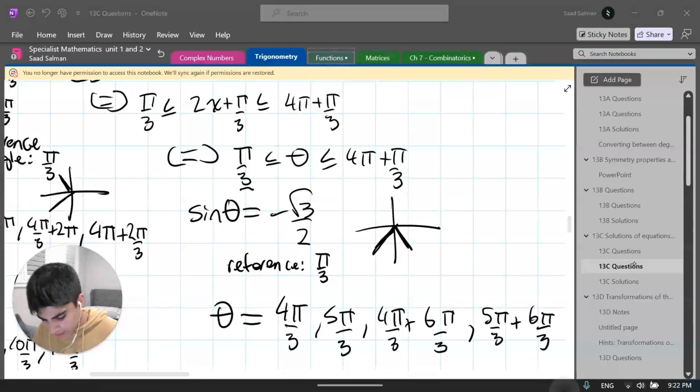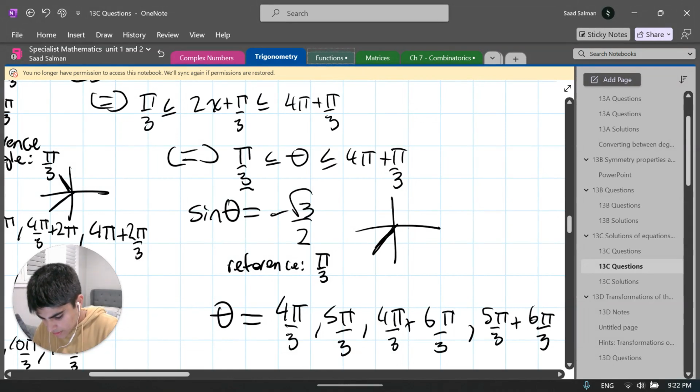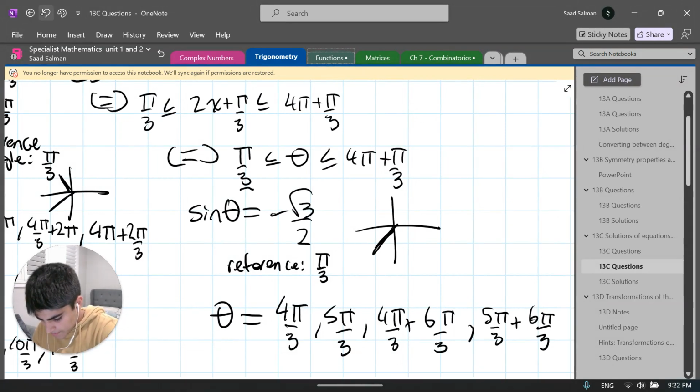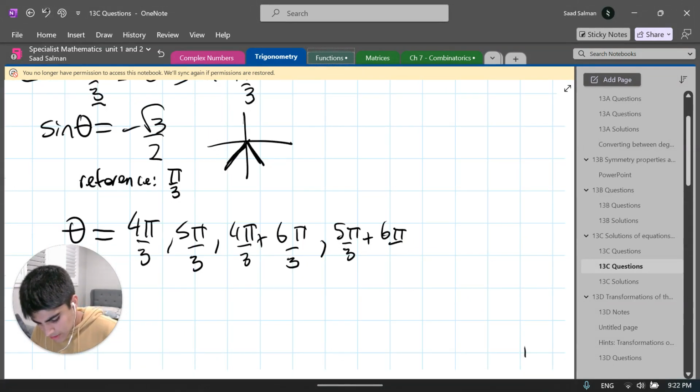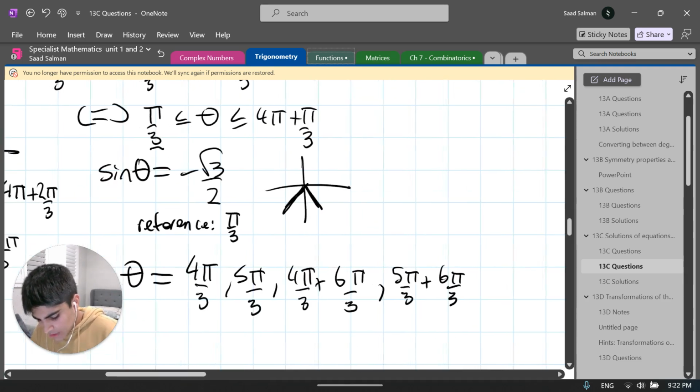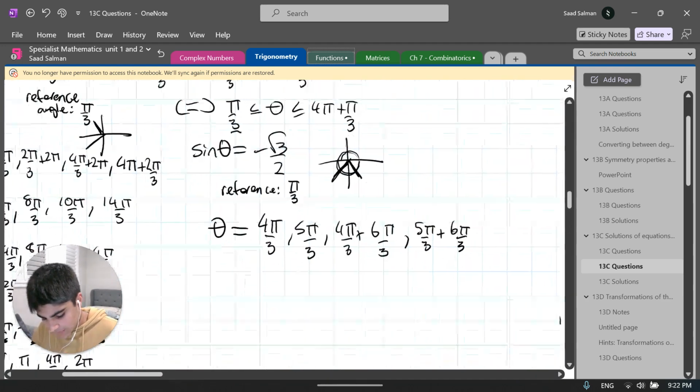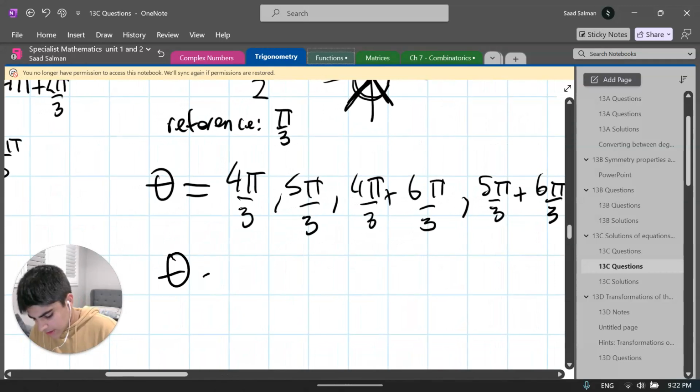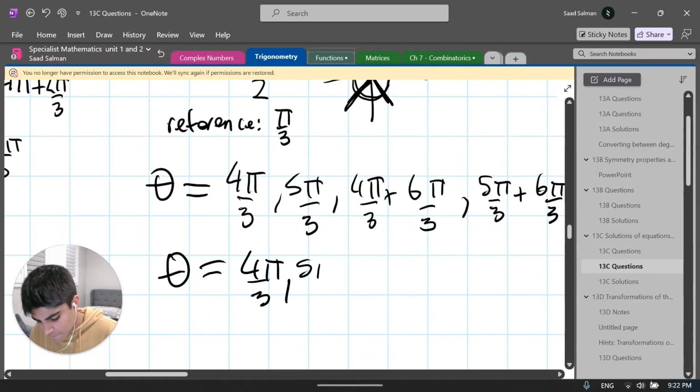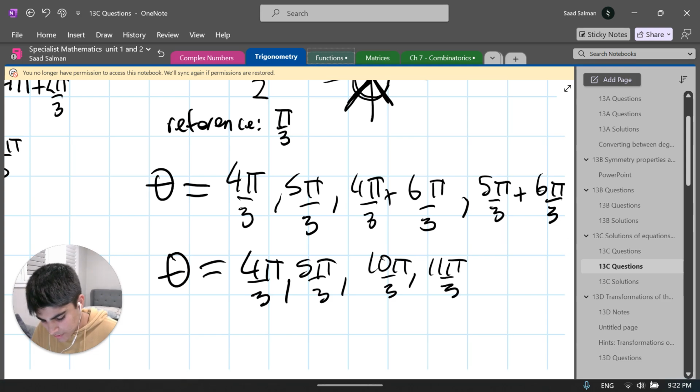Okay, 1 pi, 2 pi, 3 pi, 4 pi. We only have 4 solutions, which we have here. So theta equals 4 pi on 3, 5 pi on 3, 10 pi on 3, and 11 pi on 3.